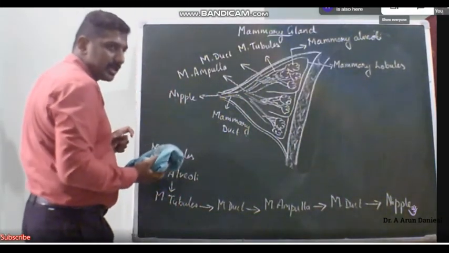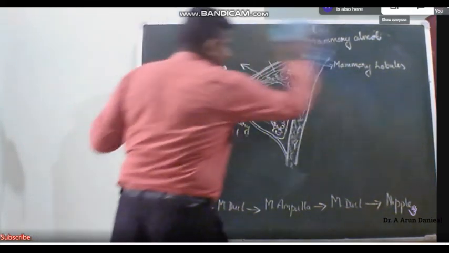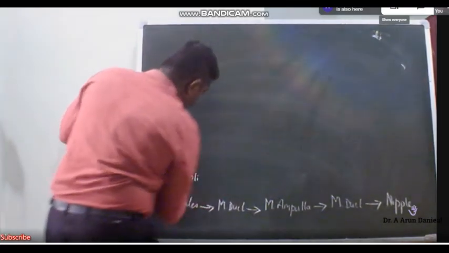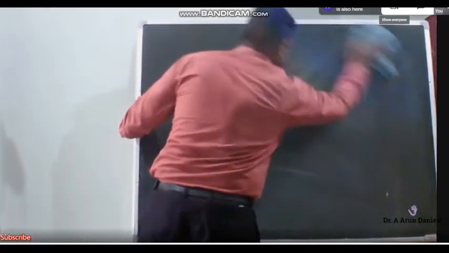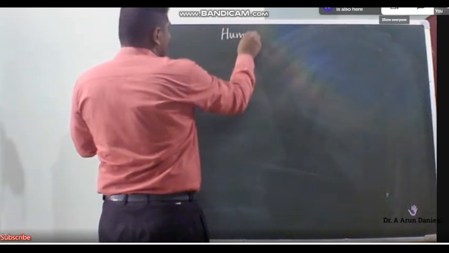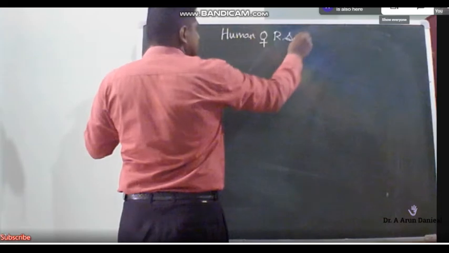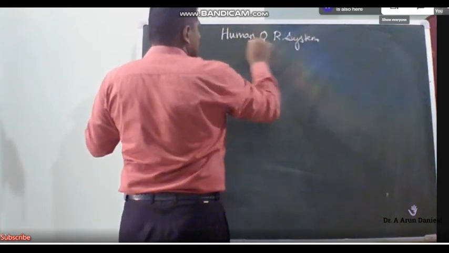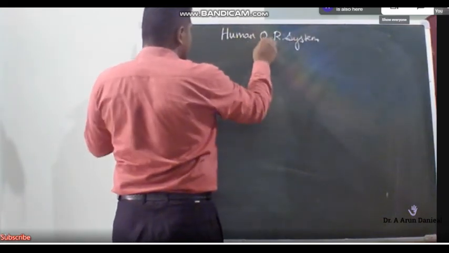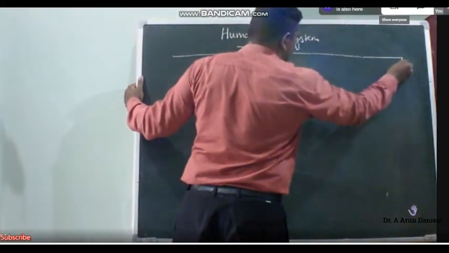Now we'll see the summation of the entire female reproductive system. So we're going to take the human female reproductive system. When you look at the human female reproductive system, we have four important parts, as I have told you earlier.